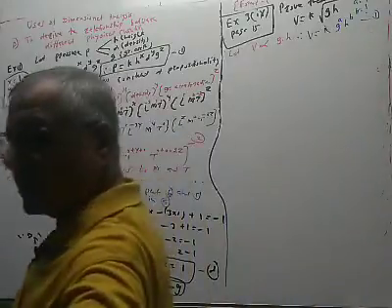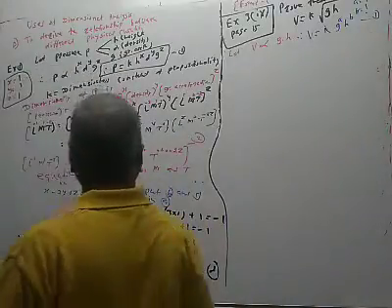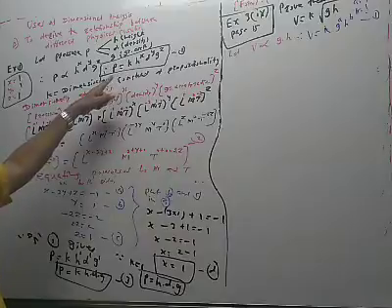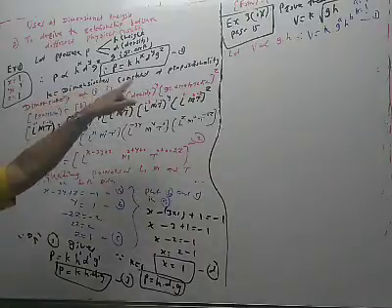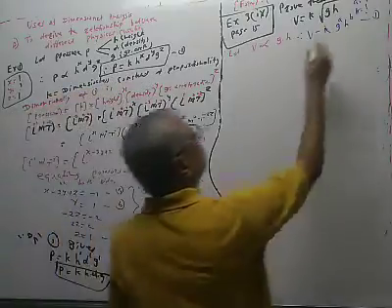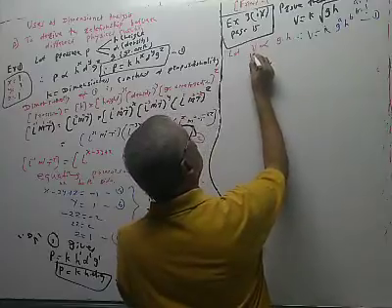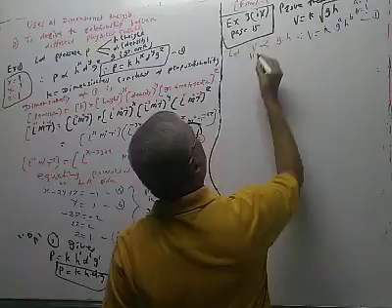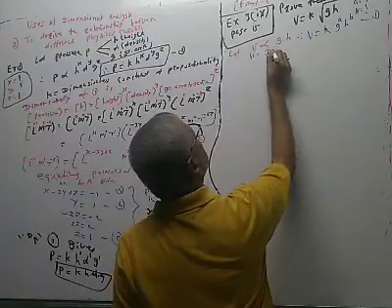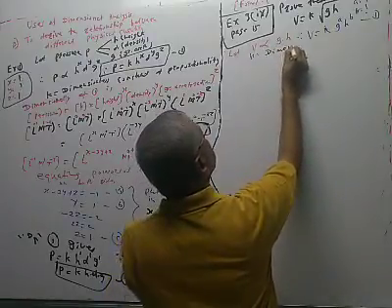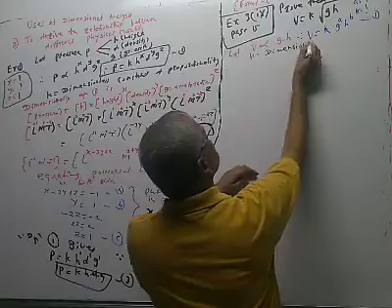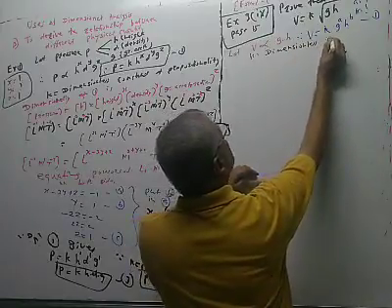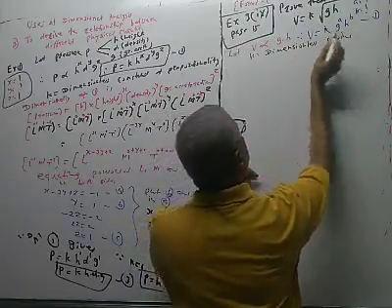Now the first step we have completed. Now what is the second step? K is a dimensionless constant. Dimensionless constant of proportion.